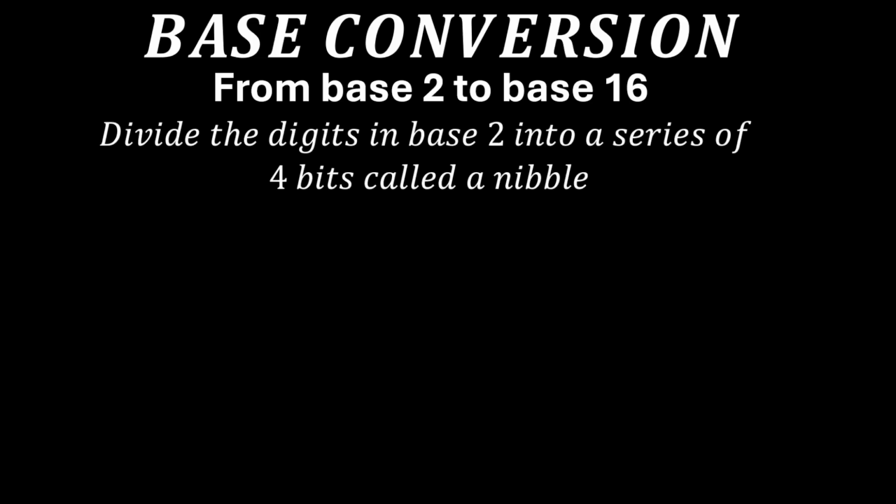The first rule that you need to understand is that you need to divide all the digits inside base 2 into series of 4 bits, not bytes, sorry, 4 bits. 4 bits is 4 digits of zeros and ones. For example, 1100 is 4 digits of zeros and ones. That is 4 bits.